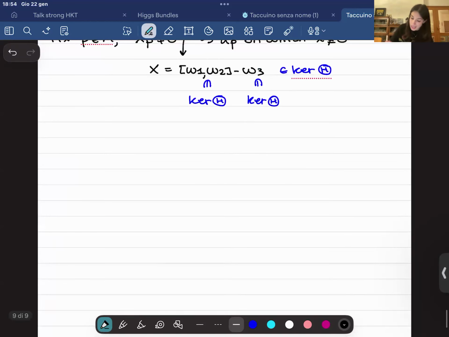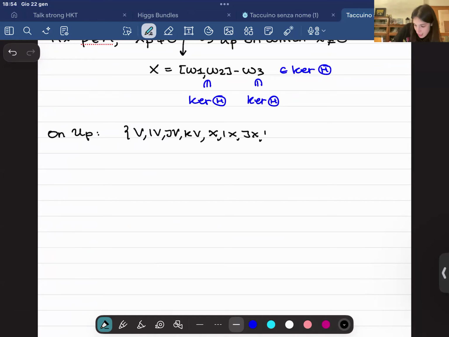So I have that, at least on U_P, V, IV, JV, KV, and X, IX, JX, and KX are in the kernel of Theta, and actually they span the whole tangent bundle. Since I am in dimension 8, of course, Theta is equal to 0, which is precisely the differential of the Lee form. This holds on a neighborhood.